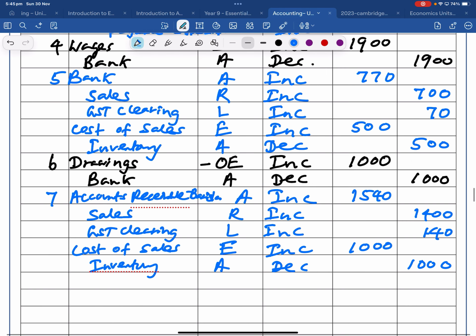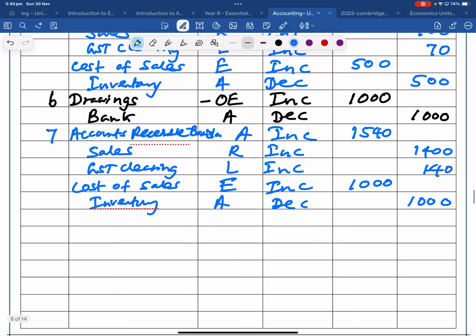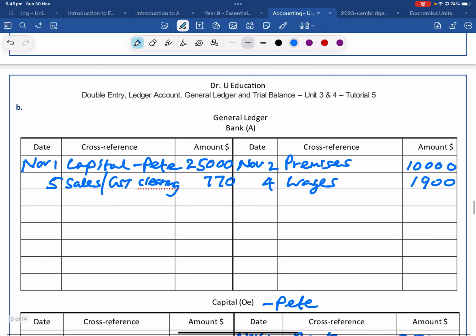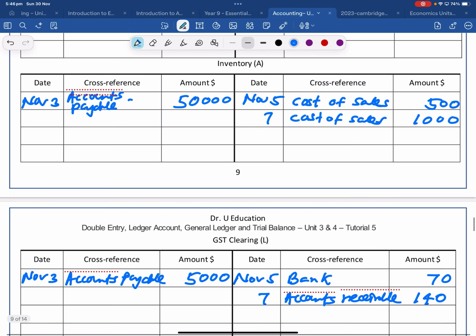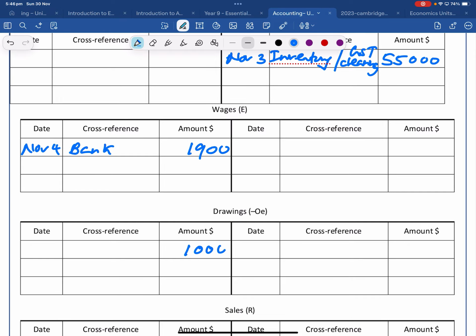Drawings I missed. We didn't record in the ledger account, did we? What happens, guys? Bank, we credit 1,000 on the 6th, saying what? Drawings, and drawings is debited 1000, saying what? Bank. November 6th.